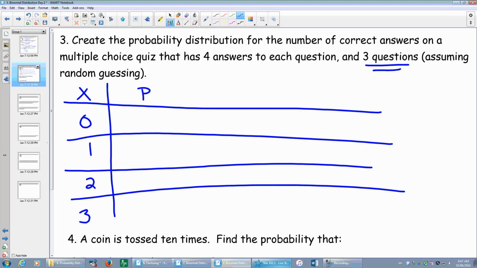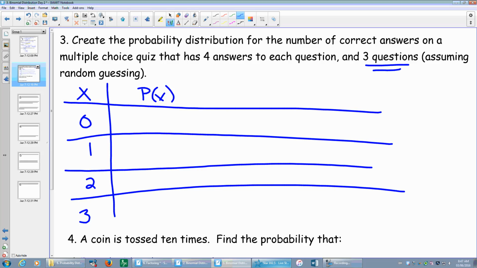The probability of that occurring. Eric, can you help me out here? What is the probability of, again, we're talking about a success and a failure, 0 questions correct? It's not 1/2.